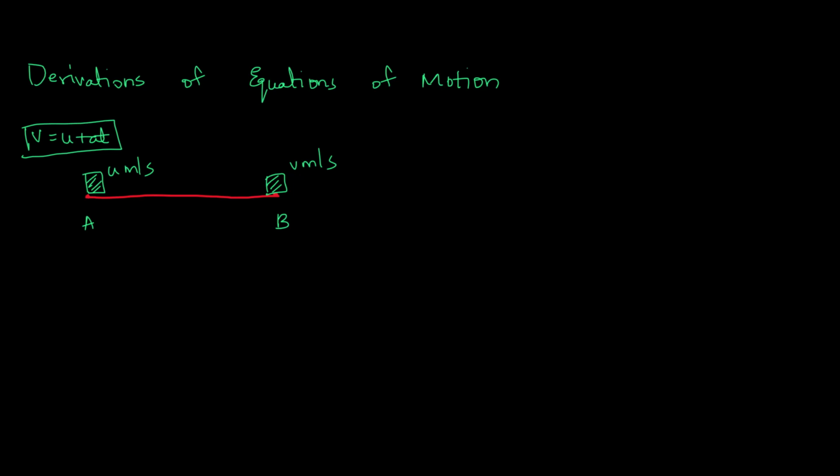Because it has to travel from position A to position B, it will have a displacement of s from A to B, traveling in a certain time, that is t seconds. Here is a basic figure to solve the following.